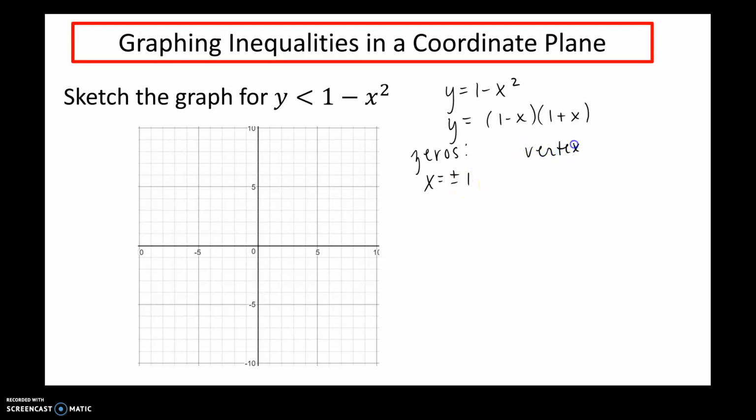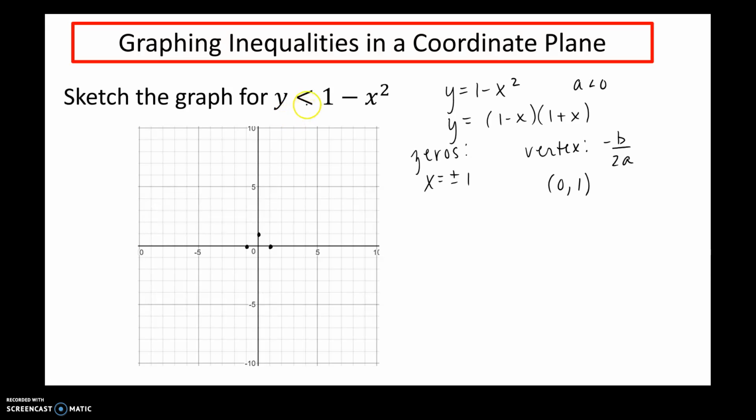Your vertex, remember that comes from negative b over 2a. Well, b is equal to 0 here, so my vertex would be the point 0, 1. So x-intercepts at 1 and -1. Vertex at 0, 1. It's a downward facing parabola because a is negative.